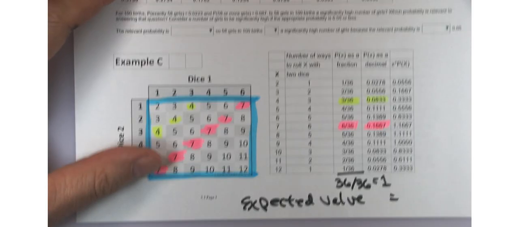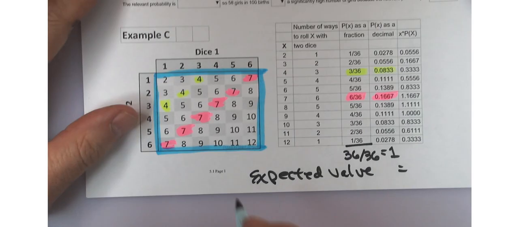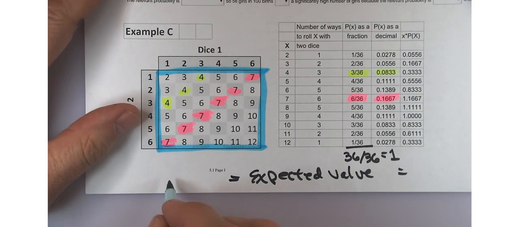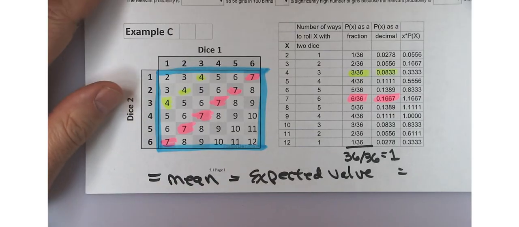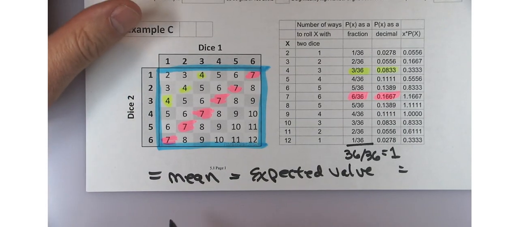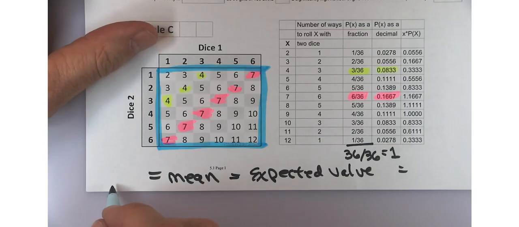Now, the expected value also has a couple other ways we can refer to it. We can refer to it as the mean, or by the symbol for the population mean. Does anyone remember what the symbol for a population mean is? Mu. There's your mu.